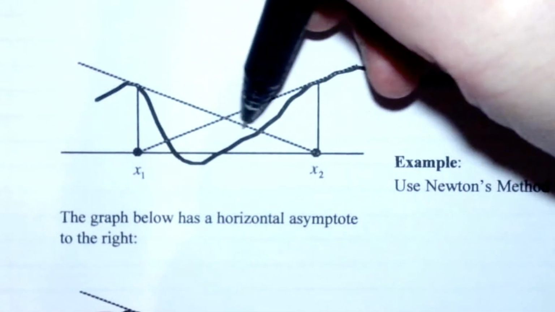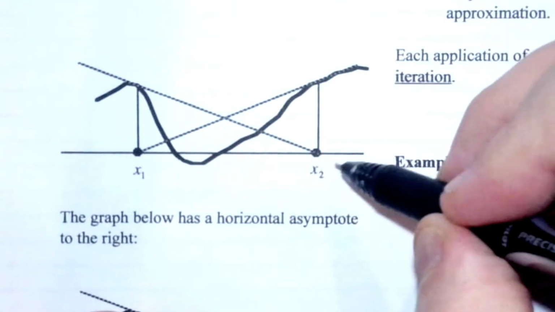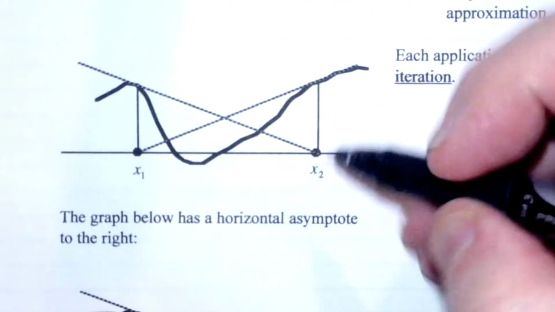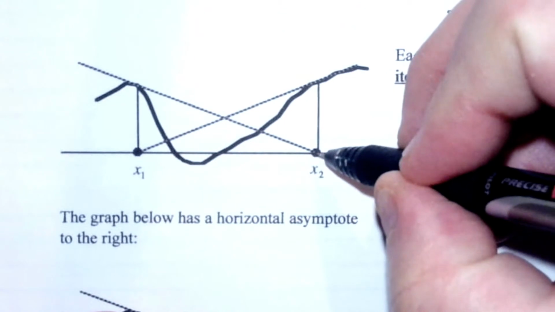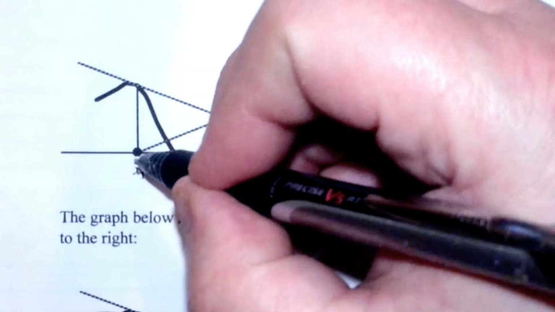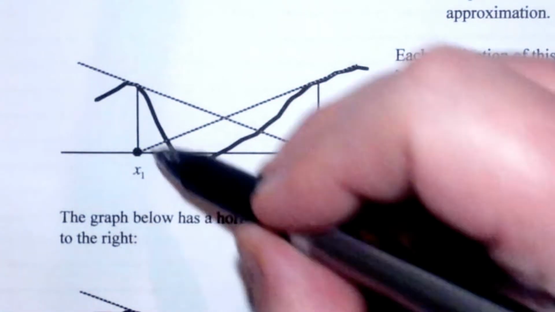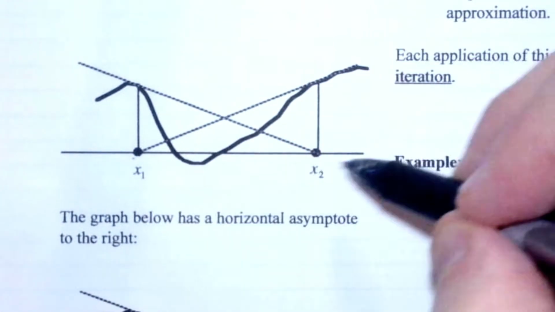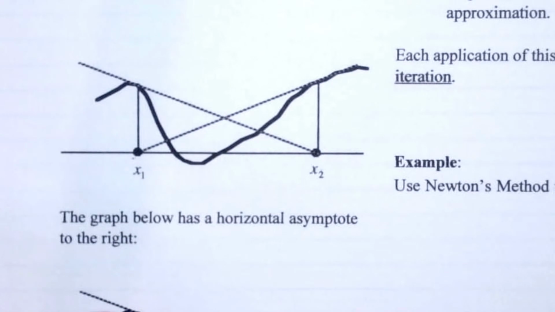The tangent line sends us over to x2, which isn't really any closer than x1. But then when we try for another approximation, the tangent line sends us back to x1. And so we would keep bouncing back and forth between these two points without ever reaching one of those intercepts or even getting close. So that's kind of an odd little thing that can happen.